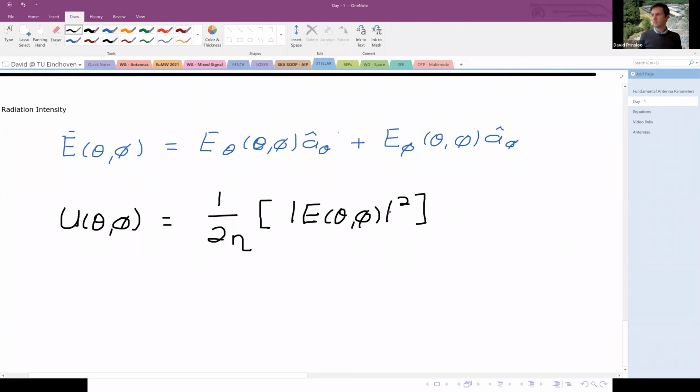It is the E field squared divided by 2 multiplied by the free space impedance, which is equal to 377 ohms. So that's the free space impedance.